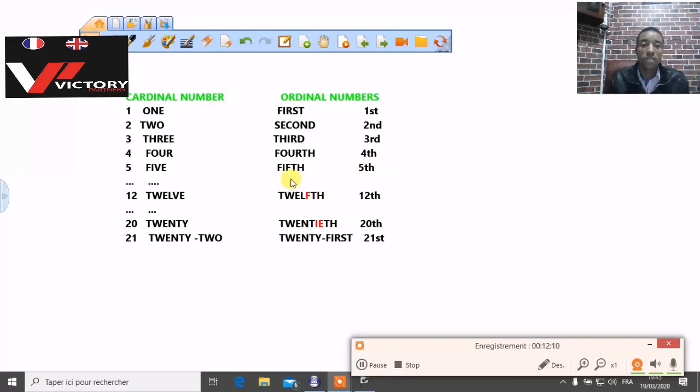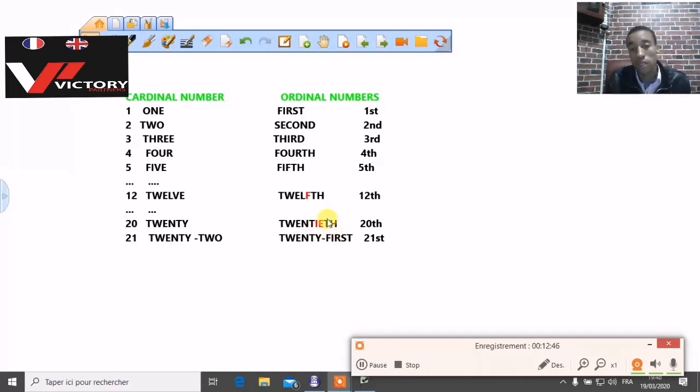From 5 we can say the 6th, the 7th, the 8th, the 9th, the 10th, the 11th. But when we come to 12, we change V to F, then we add th. And from 12 we can say 13th. We just keep the same rule, th, until we come to the number 20.